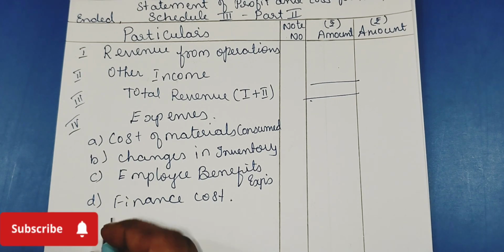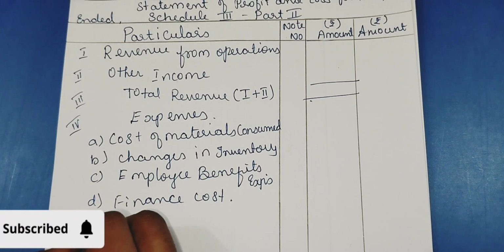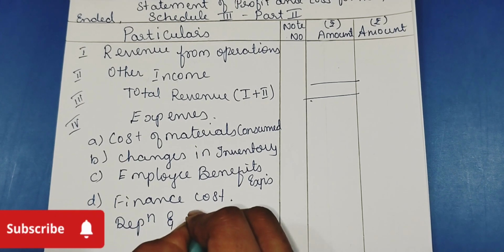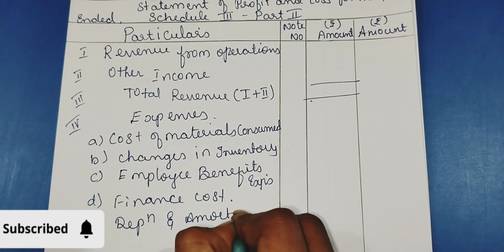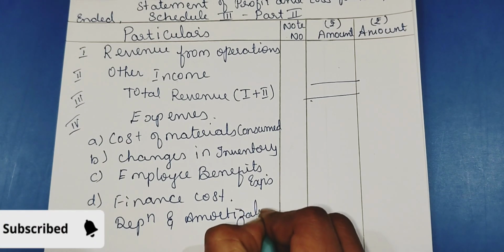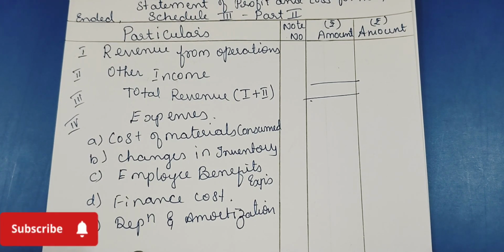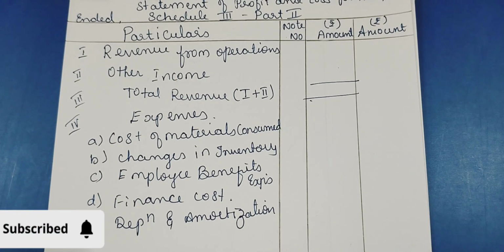Okay, then depreciation and amortization. Why is it depreciation and amortization? Because depreciation we are calculating on the tangible assets, and amortization we are calculating on the intangible assets.